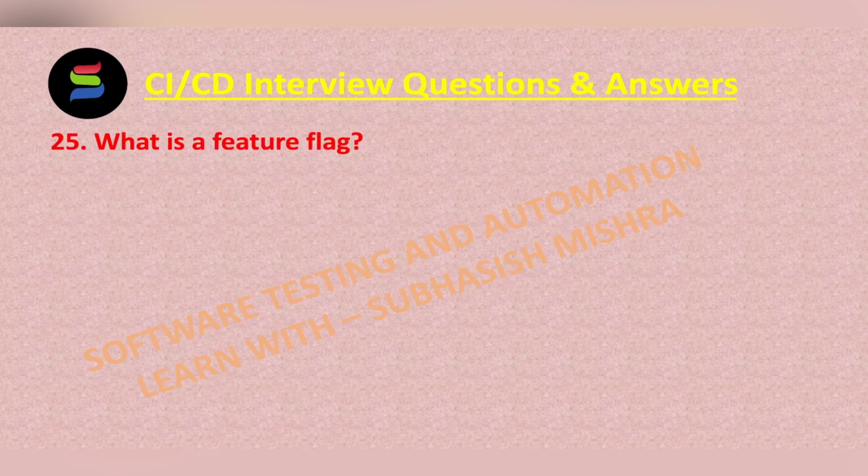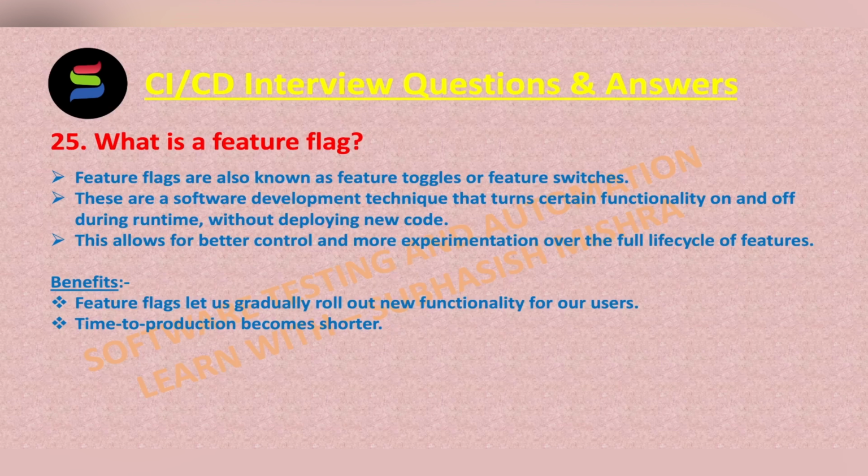What is a feature flag? Feature flags are also known as feature toggles or feature switches. These are a software development technique that turns certain functionality on and off during runtime without deploying new code. This allows for better control and more experimentation over the full life cycle of features.